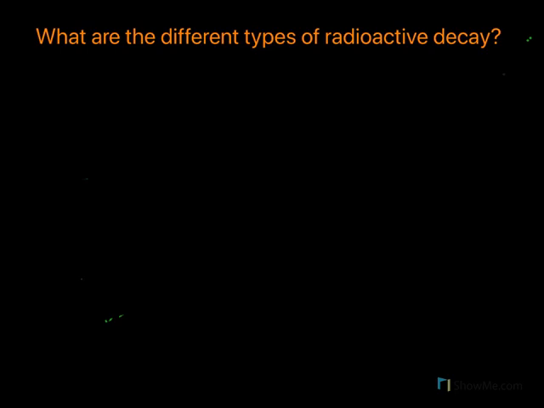The last type of radioactive decay is called gamma decay. Gamma is usually given by the symbol gamma. And a gamma particle is very much like a photon. It's very small. It's smaller than an electron, and it has no charge, but it is very high energy.